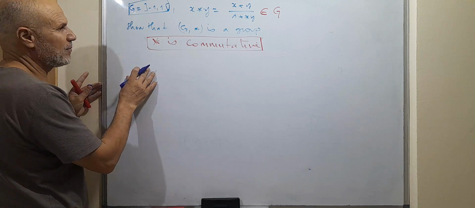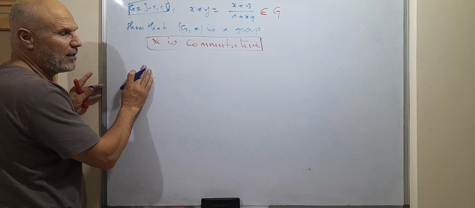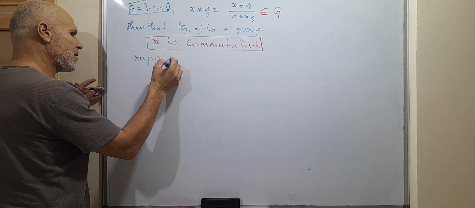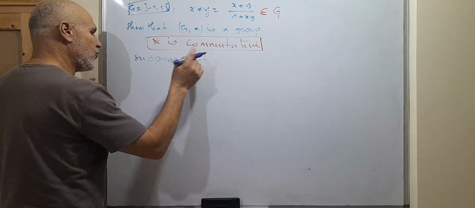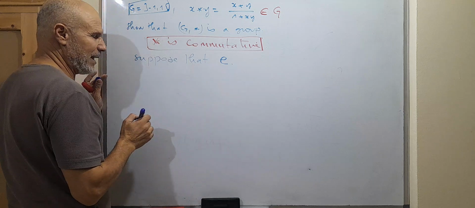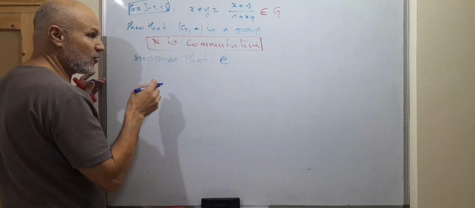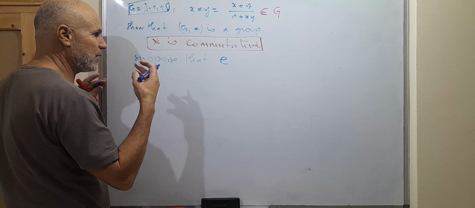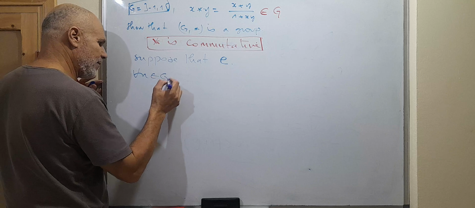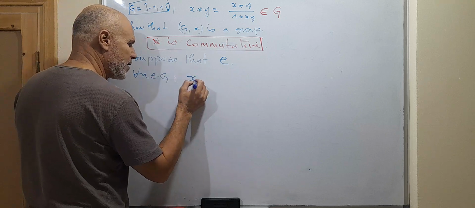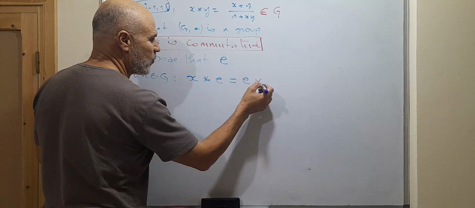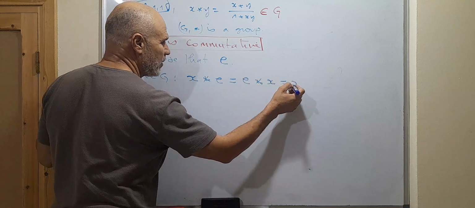Do we have a neutral element? Suppose the neutral element for this operation is denoted by e. This e is supposed to verify two conditions: for all x in G, x star e equals e star x equals x.